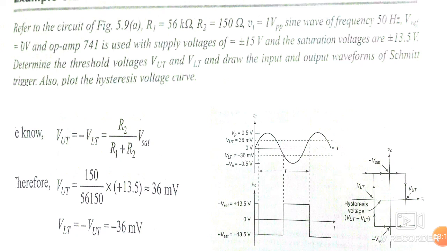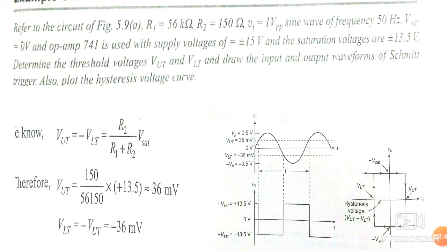And after this point, it will remain plus Vsat up to the next trigger point, when the output will again change from plus Vsat to minus Vsat, and this will be repetitive.